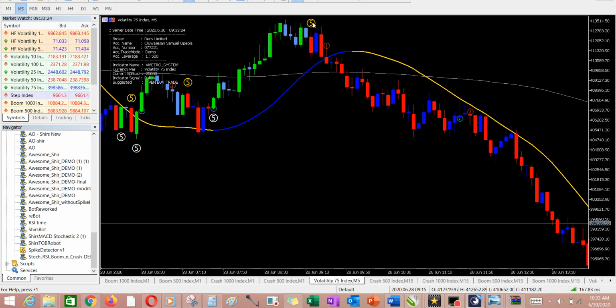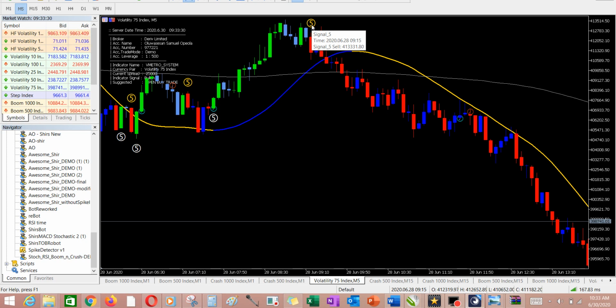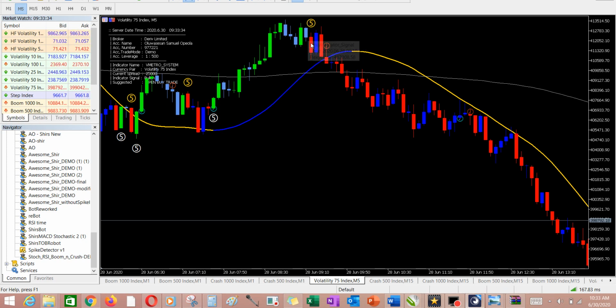So for a start, the signal 5 will not be stable. It will be going up and down on this particular candle. But once it is stable, then you should know that the market is selling for a while. It can sell for 2 candles, it can sell for 3 candles.